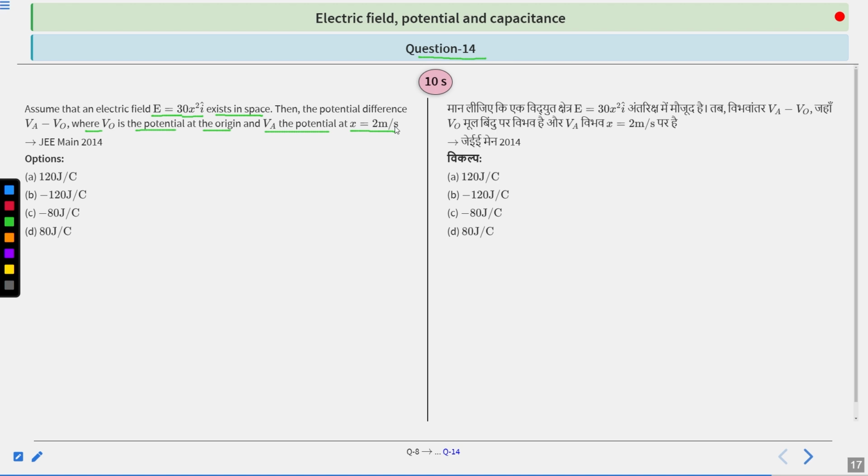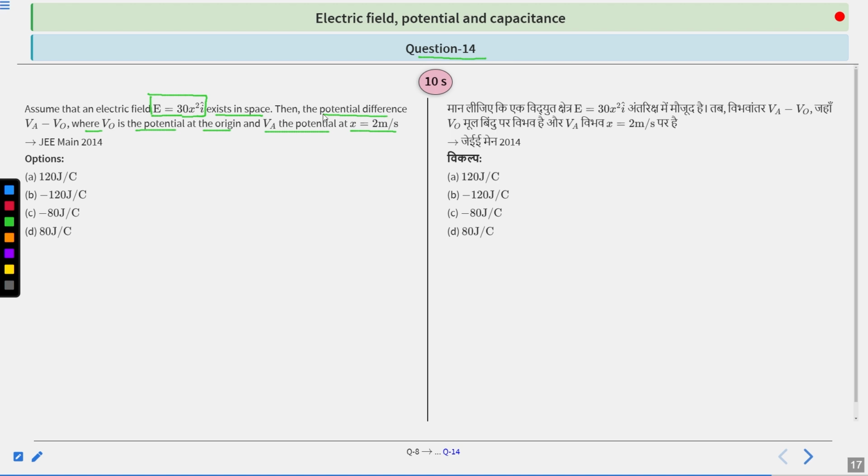So this question asks what the potential difference is when the electric field is given as 30x square i cap. i cap is the direction and 30x square is the magnitude.